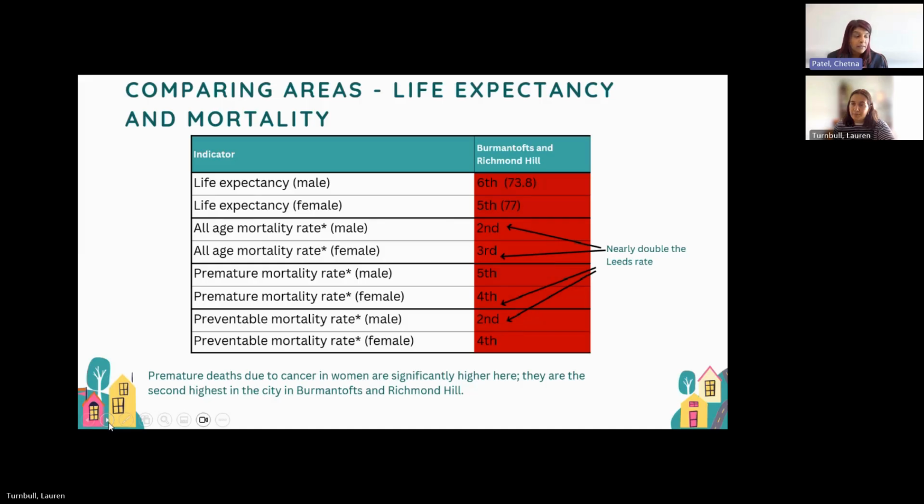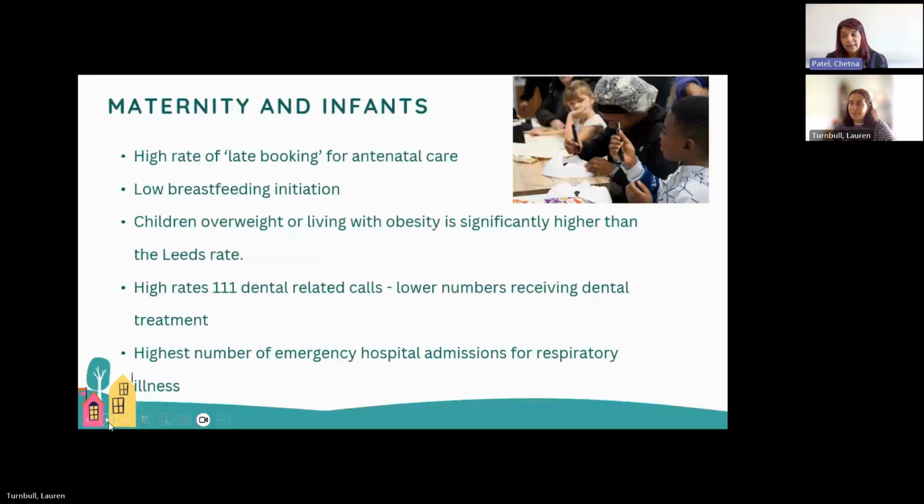So again, things like stopping smoking, physical activity, having a nutritious diet, reducing alcohol, and having vaccinations. So we can see here we've got really high rates compared to Leeds. So if we move on to the next slide.